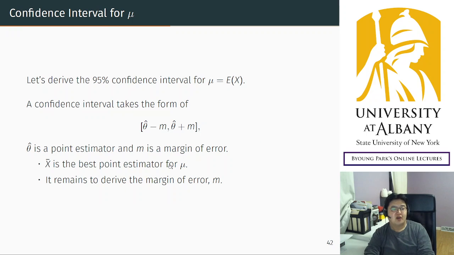In the next video, we are going to derive a 95% confidence interval for the population mean. The construction of a confidence interval depends on which parameter you are interested in, but you can apply the framework to any kind of parameter.